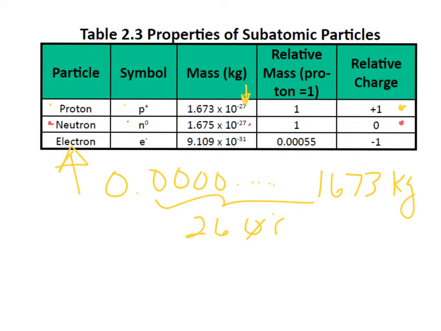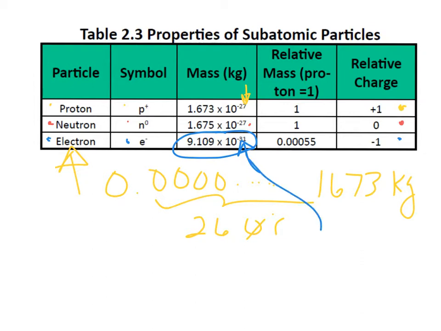Our last subatomic particle then is the electron, written as the symbol E minus, because electrons have a negative charge, a charge of -1. But what's really interesting about electrons is if you look at their mass, now we're looking at 10 to the minus 31 kilograms.